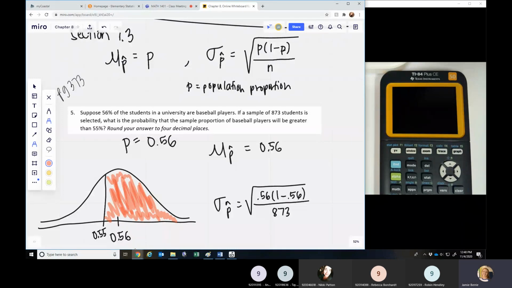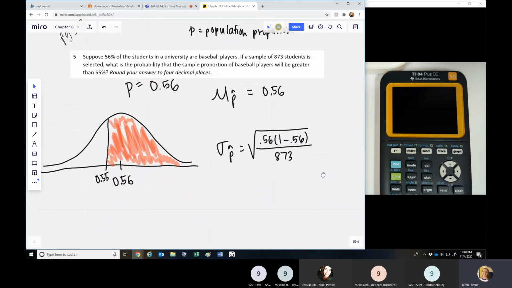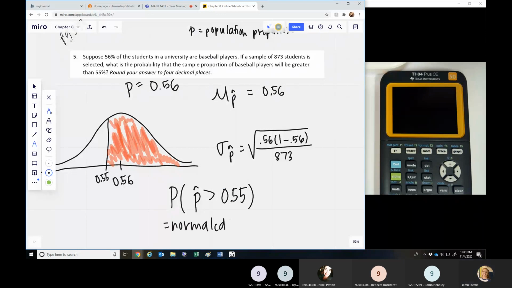We're still using normal CDF here. You can see this is a normal curve. So I'm just going to do the probability that the sample proportion, p hat, is greater than 0.55. That's going to be normal CDF.